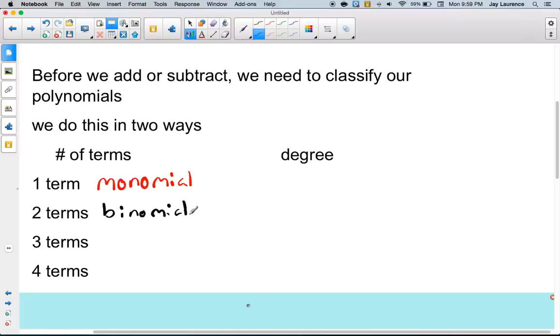Binomials. All right. Now, 3 terms might look like this. X squared plus 5x plus 6. There's a 3-term polynomial. Or it might be 4x cubed minus 2x squared plus 4x.